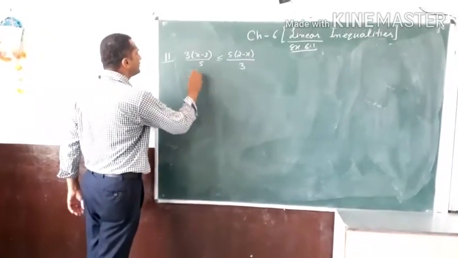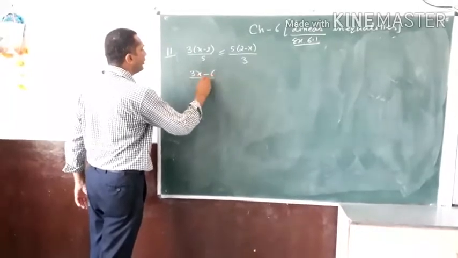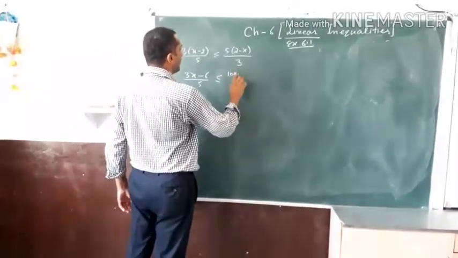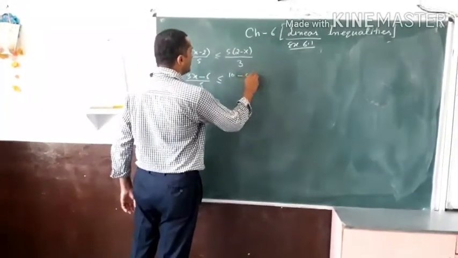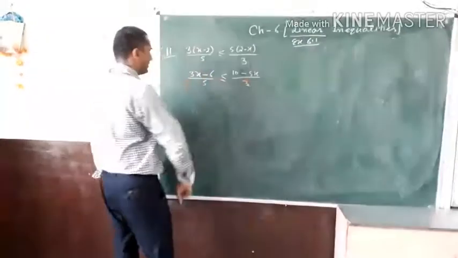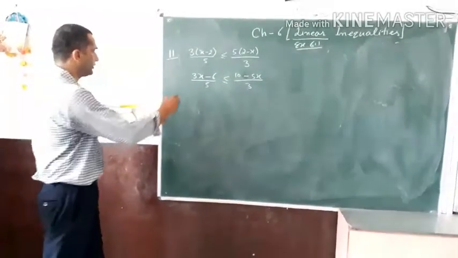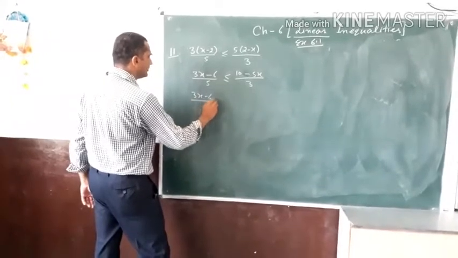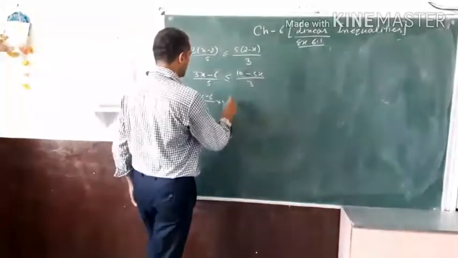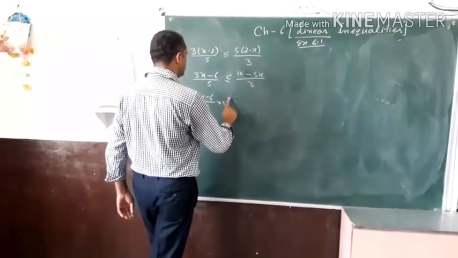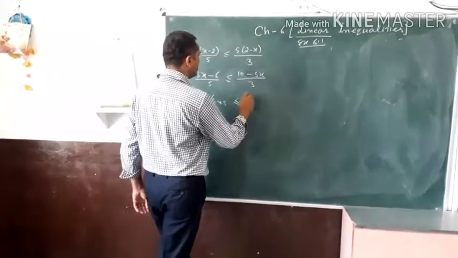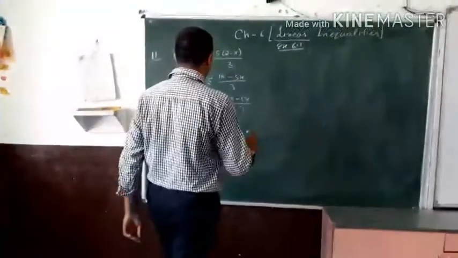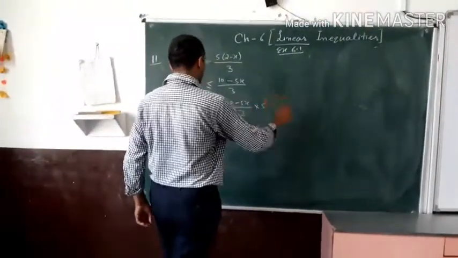3x minus 6 over 5 less than or equal to 10 minus 5x over 3. So now, multiplying both sides by 5, less than or equal to 10 minus 5x over 3 into 5.